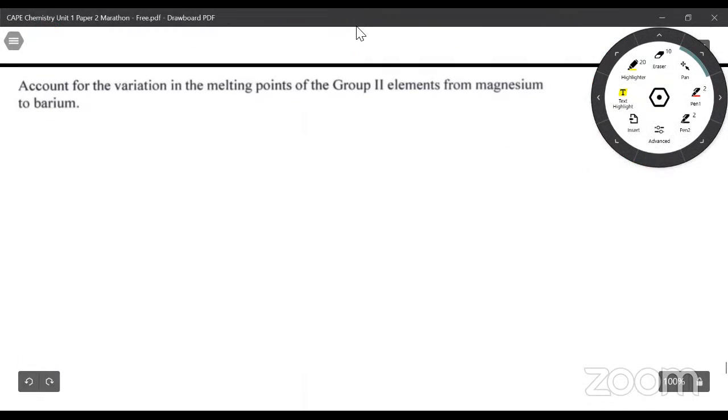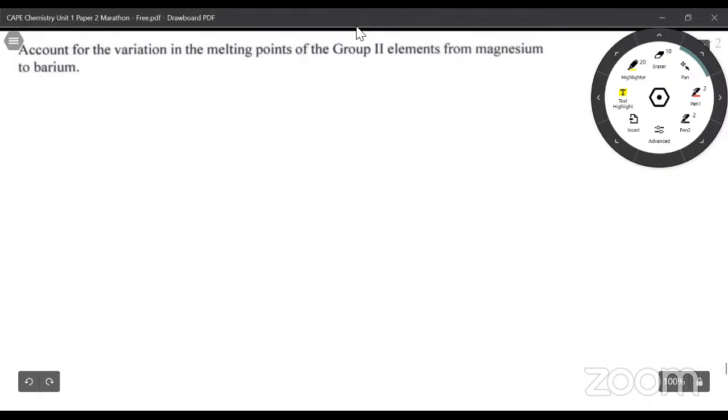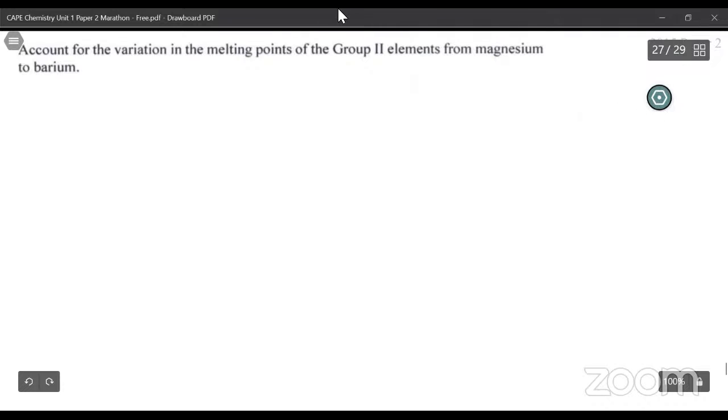Now, account for variation in melting points of the group 2 elements from magnesium to barium. First, you want to identify whether the melting point increases or decreases down the group.